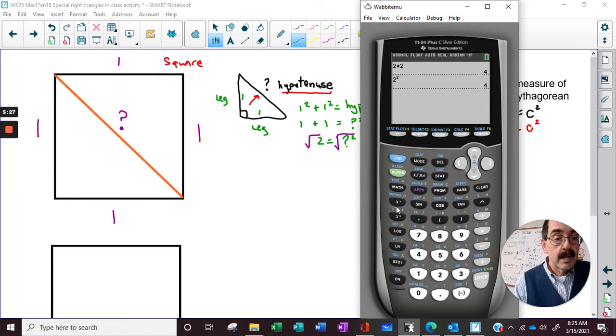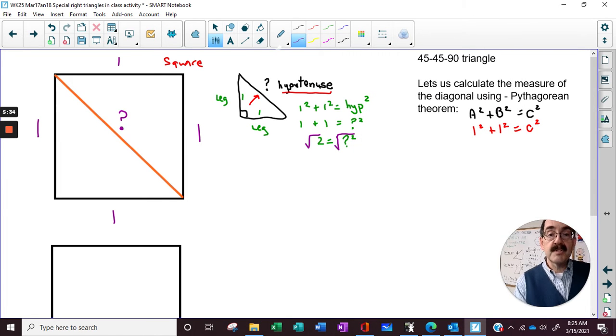Undo a squared. The square root of 4 is 2. Okay, so when we take the square root of both sides, we get the square root of 2 is equal to the question mark, is equal to the hypotenuse.